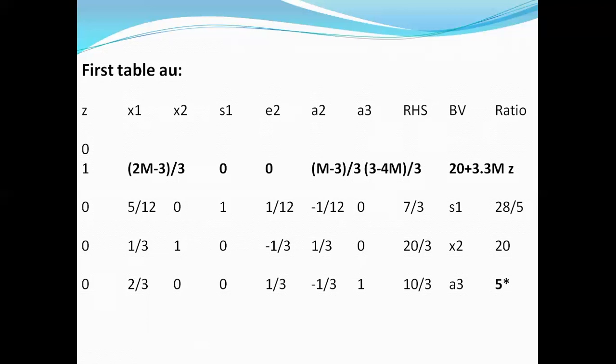So divisibility has been considered here, that is z is equal to 1 if you have considered 0, or 1 has been considered x1 variable to m minus 3 by 3. So taking the second variable in the case of the first table, that is unity considerations 2m minus 3 by 3 for the variable x1.